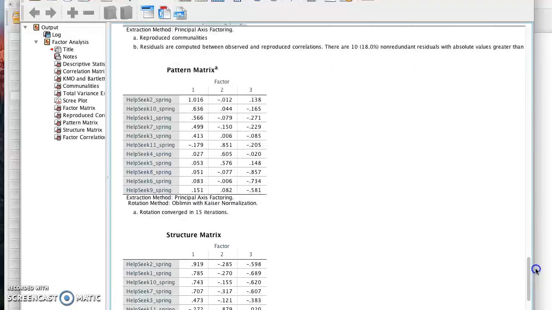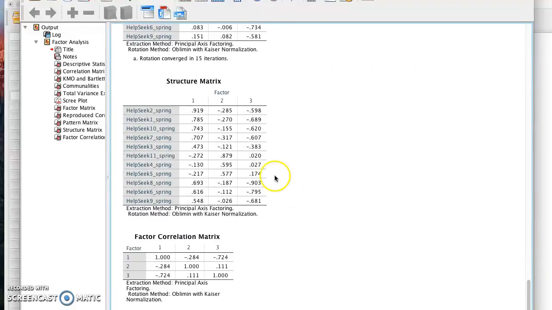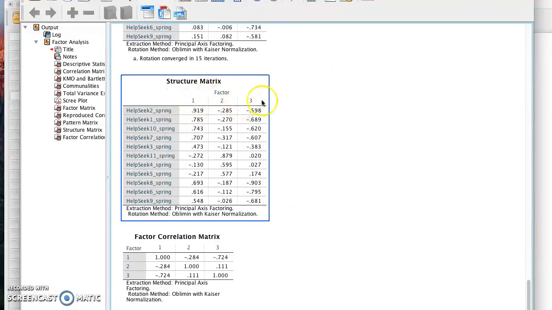Then you look at the factor matrix. We have 3 factors instead of 2 because we imposed the structure into SPSS. Now the first factor is comprised of these 5 items, factor number 2 is comprised of the middle 3 items, and the last factor is comprised of the last 3 items.